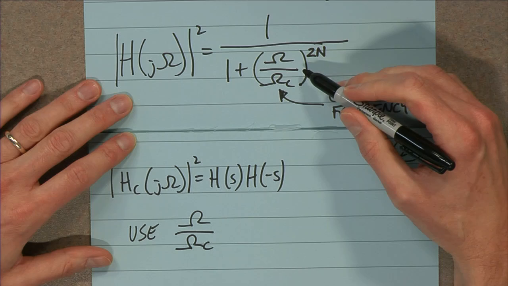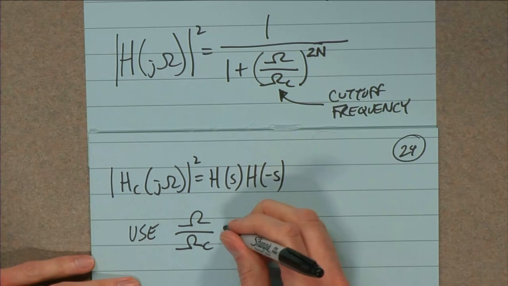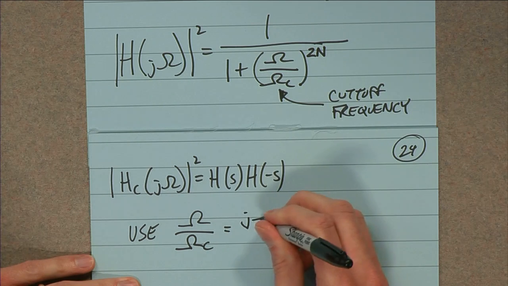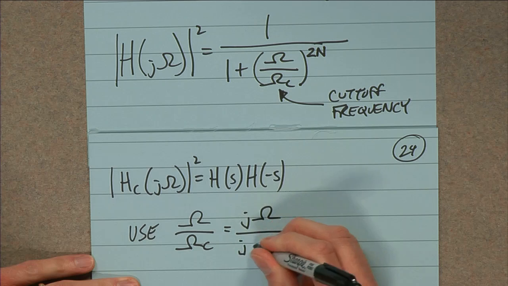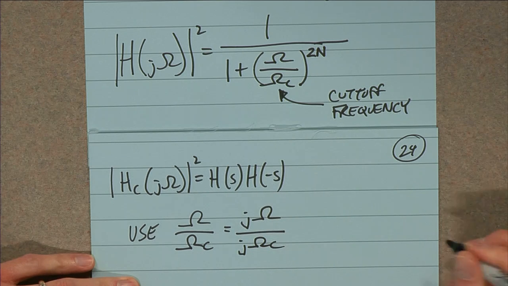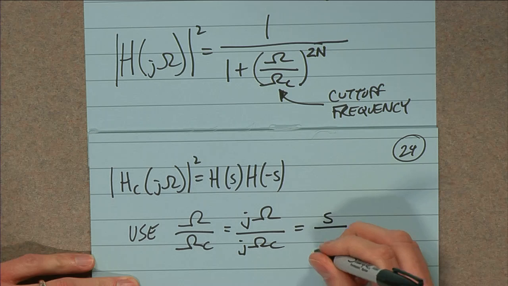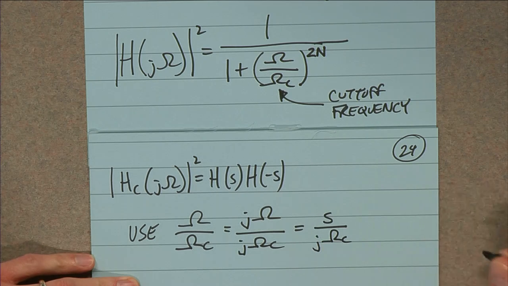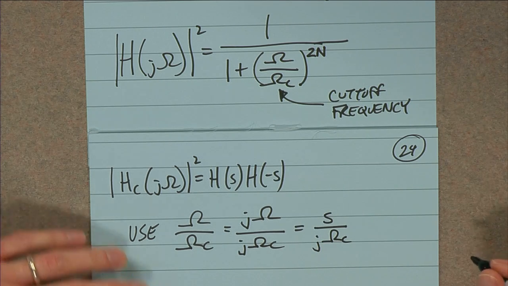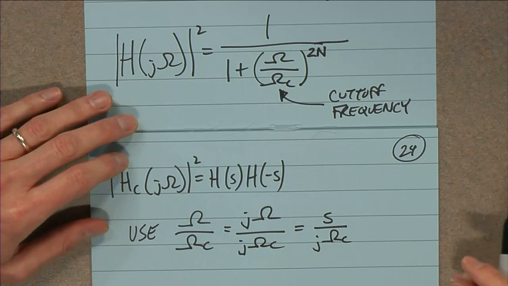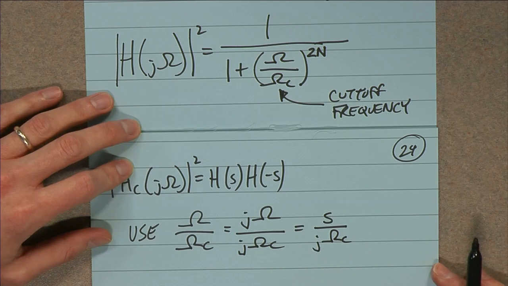Because we have omega over omega c here, we can rewrite this as j omega over j omega c, which we'll call, since j omega is just s, s over j omega c. And all of this is going to help us get started with basically how to find the poles.